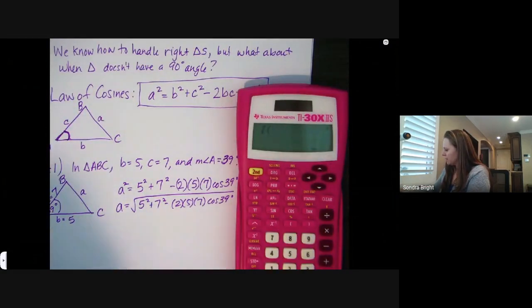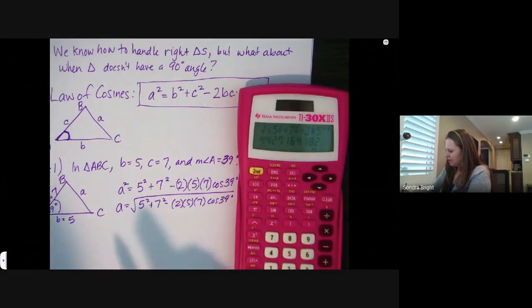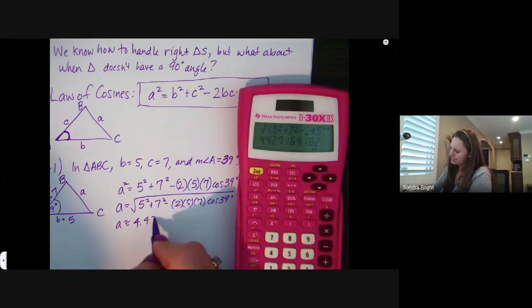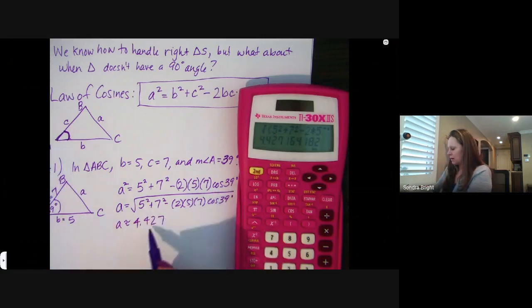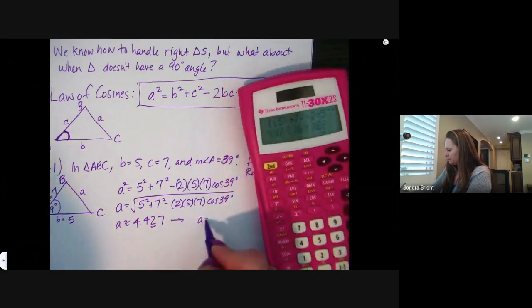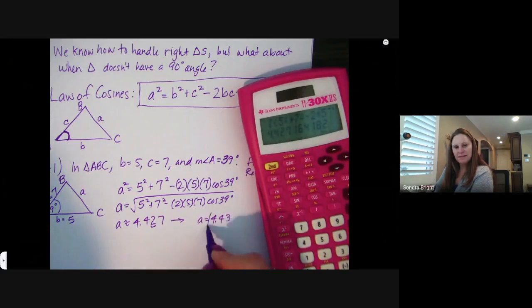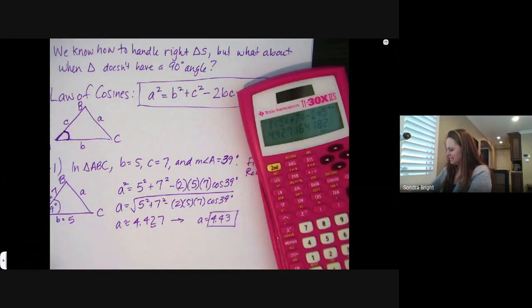I was in degree mode, so I'm golden. And I get that a is approximately 4.5427, and I said round to 2 decimal places. So the 7 says round it up. So a, I'm going to say, is 4.43. Easy peasy lemon squeezy, right?